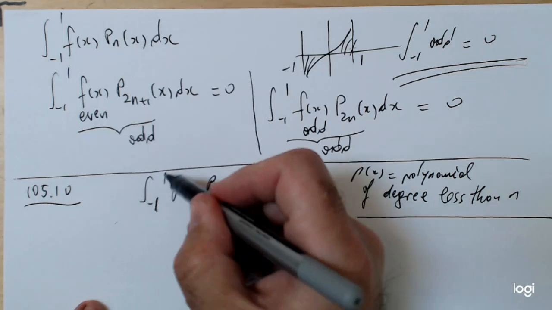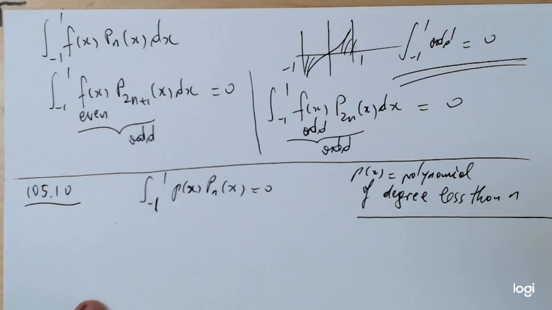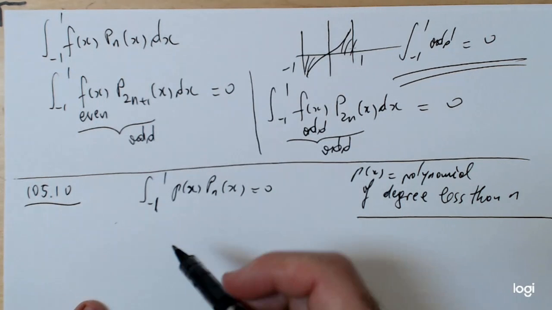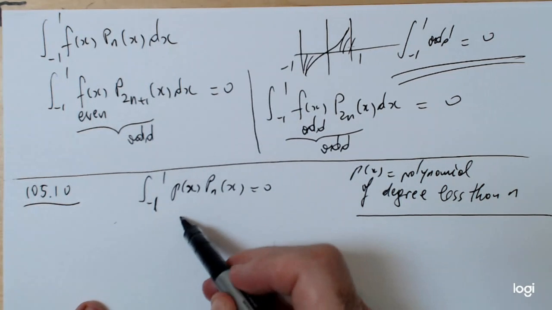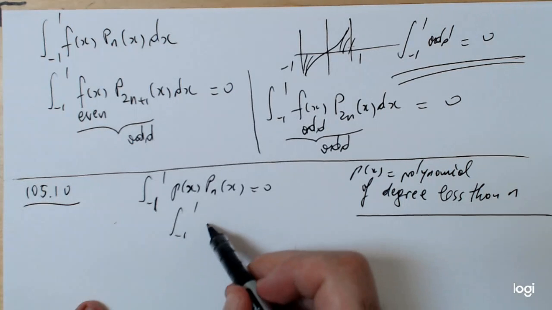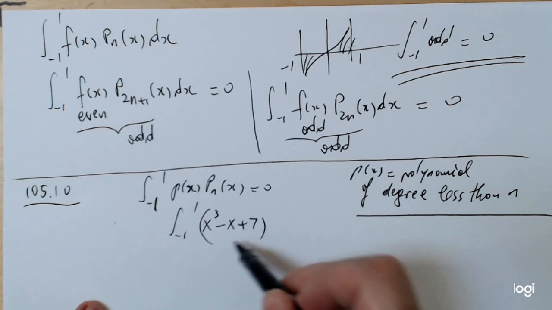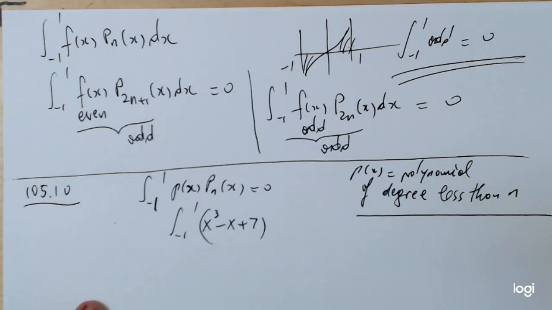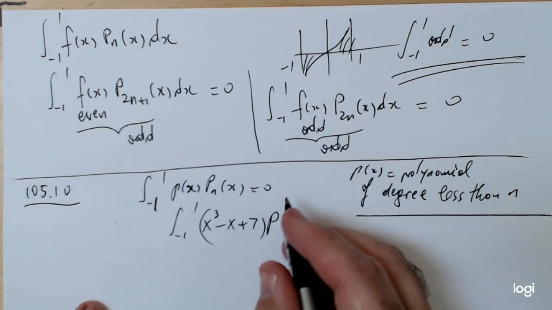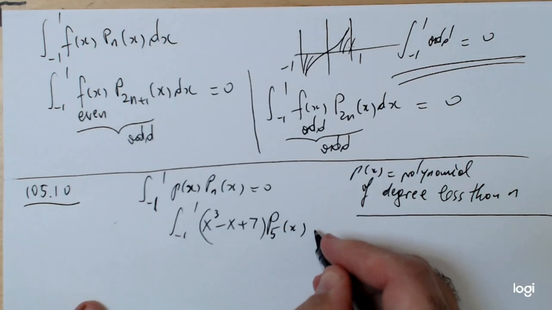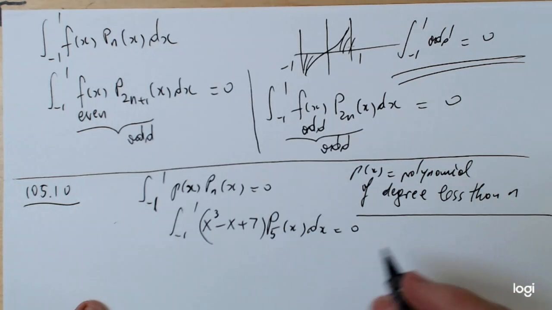Again, between -1 and 1, not for other bounds. So if I have, for instance, the integral from -1 to 1 of x cubed minus x plus 7, let's say, and then multiply by the Legendre polynomial P5 of x, then the answer is always 0.